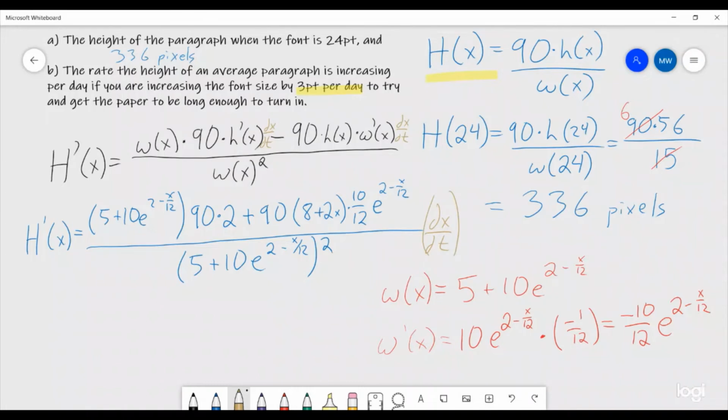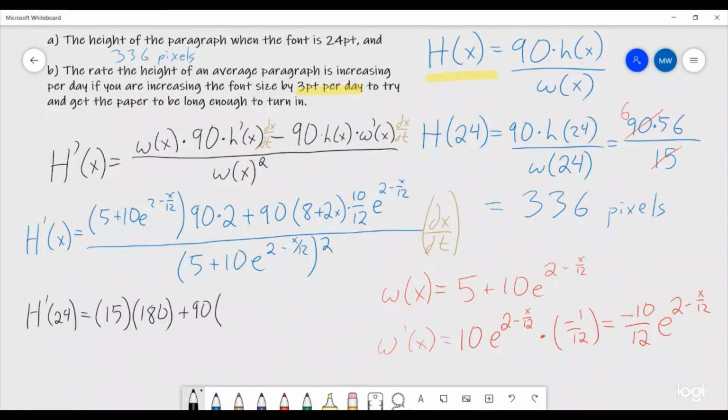So, going through and plugging in the different values, we find that h prime at 24 is going to be 5 plus 10 e to the 0, so that's a 15, times 180, 9 times 2 is 180, plus 90 times 8 plus 2x.